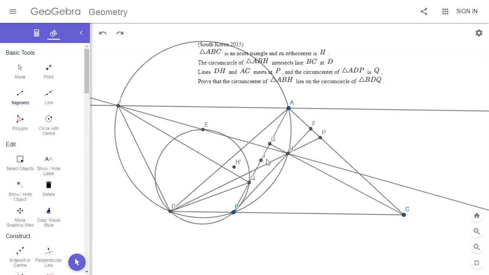So yeah, we have this isosceles triangle DAQ, and we let DH meet AC at P, and we need to show P also is equidistant from Q. But if we know angle ADH and we know angle A, it seems like Q, like P, should be uniquely determined.